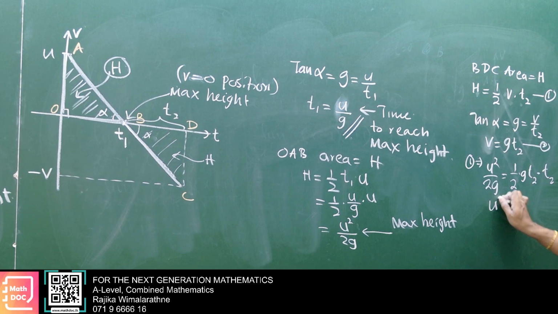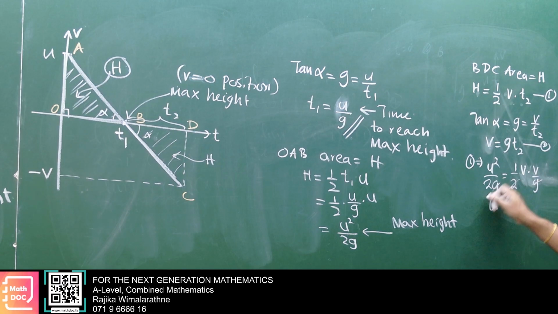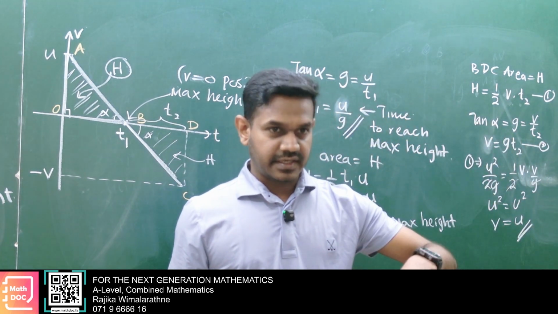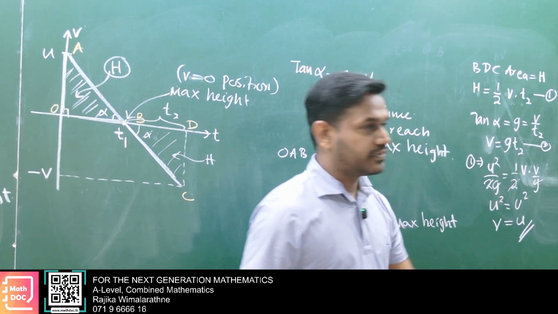Now you simplify, u squared equal, half V T2, V over g. Then u squared equal V squared, then V equal u. Therefore, initially motion upward u, then when it reached the ground, its velocity downward u. Okay, prove that one.